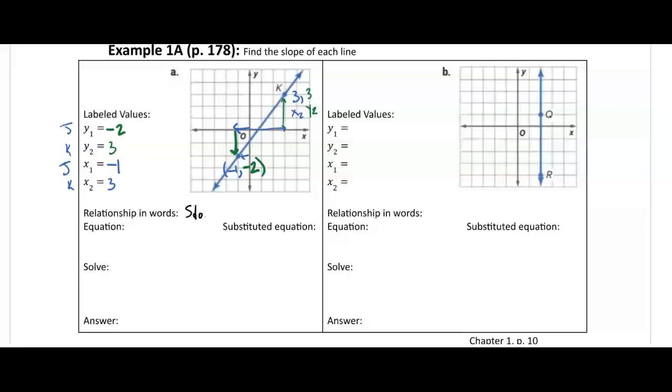My relationship in words is slope. I'm finding slope. My equation for slope is m equals y2 minus y1 over x2 minus x1.